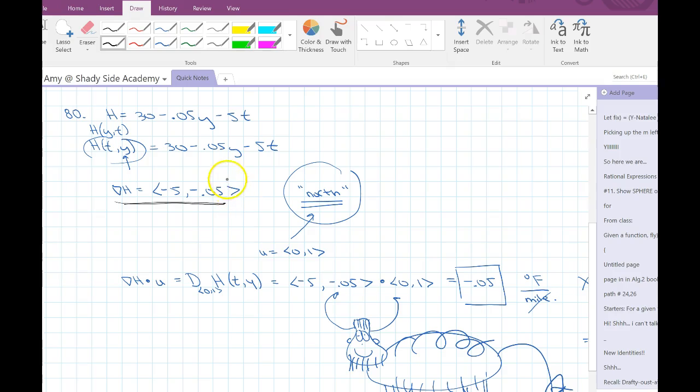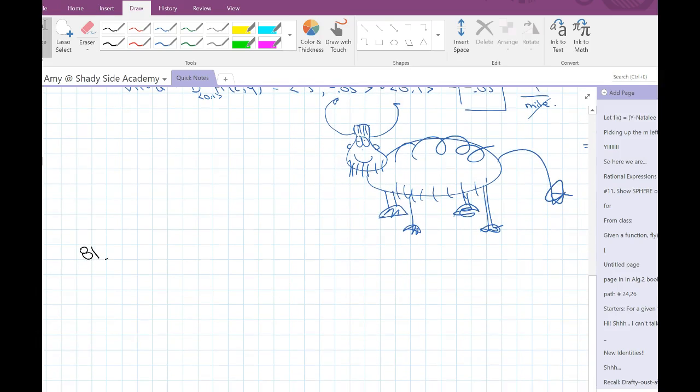So in this problem, the direction in which there is max rate of change never changes, no matter where you are on the coordinate plane. Okay, that's my point. I got distracted by my moose.